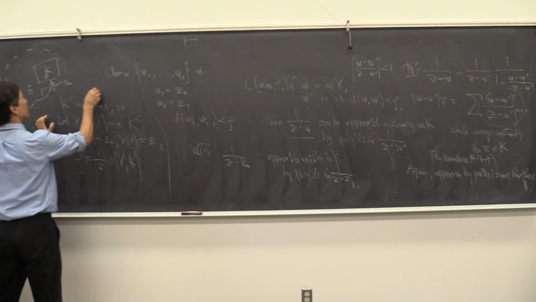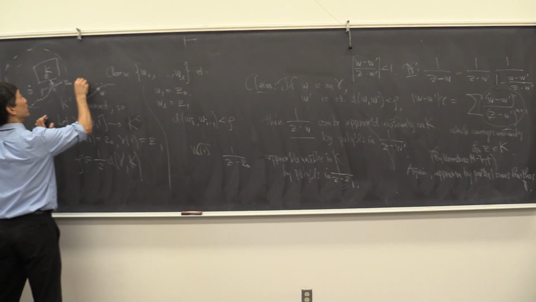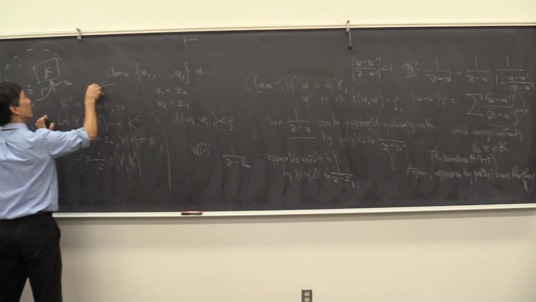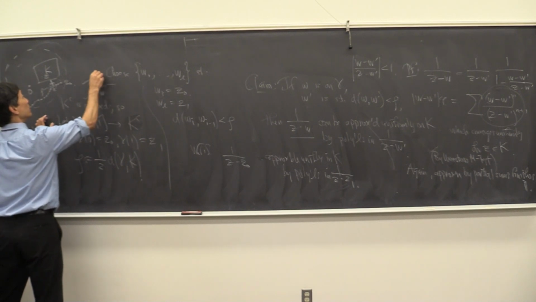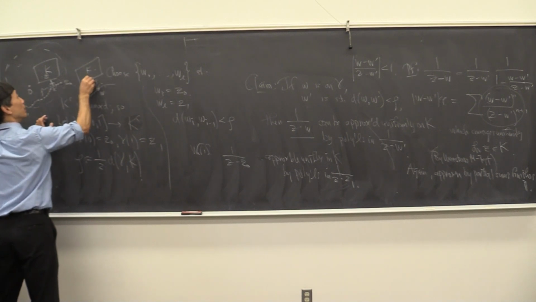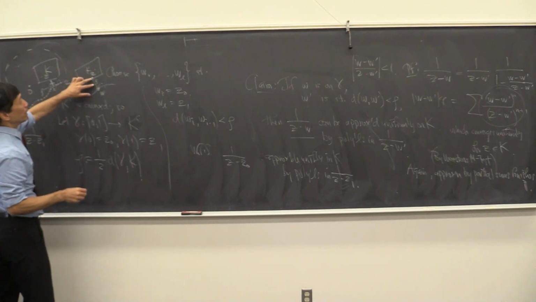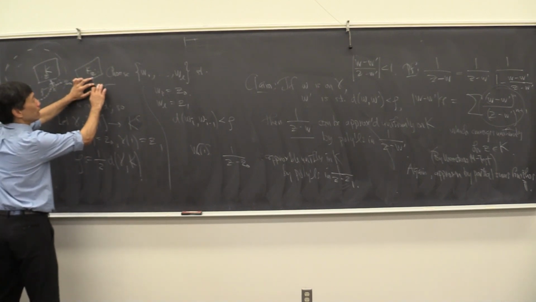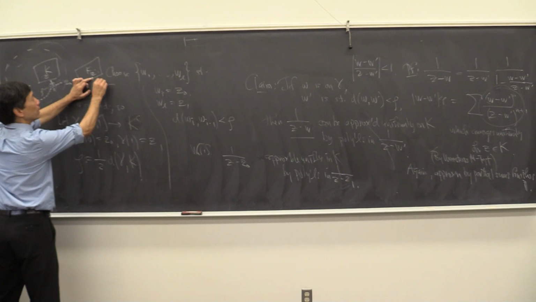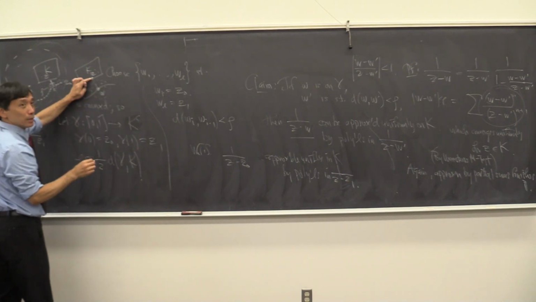Maybe the picture's not there. Here's w. Here's rho. Rho is half the distance to K. Suppose z is here. I think you said could you take 2/3 the distance? Yeah.